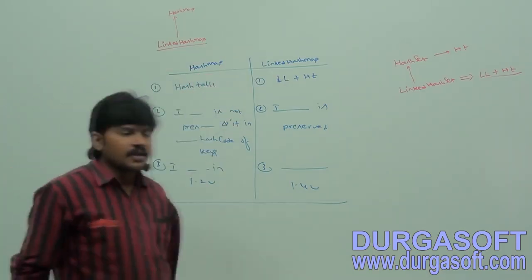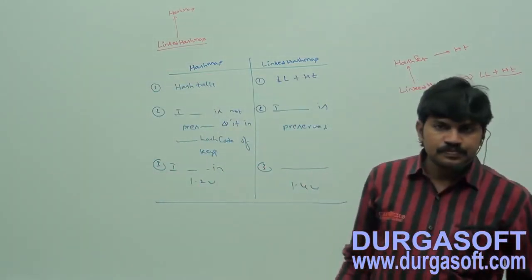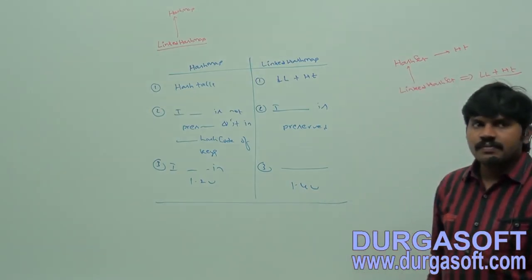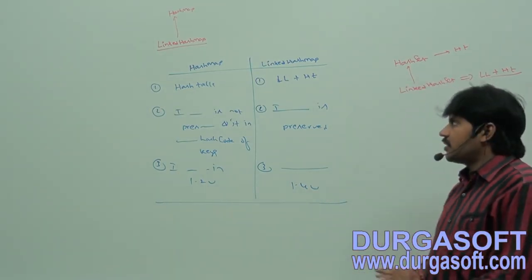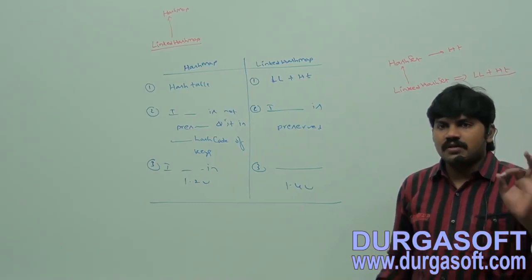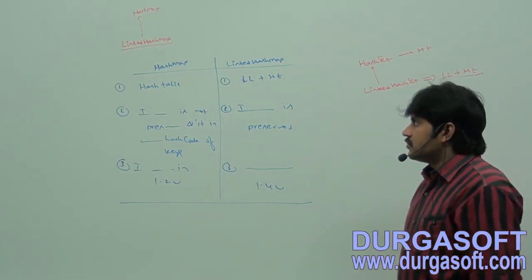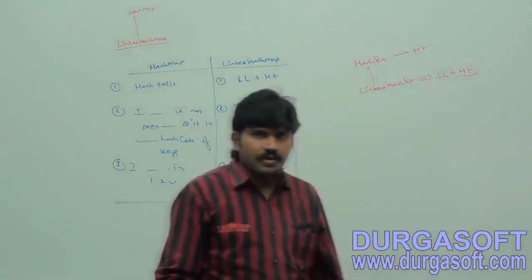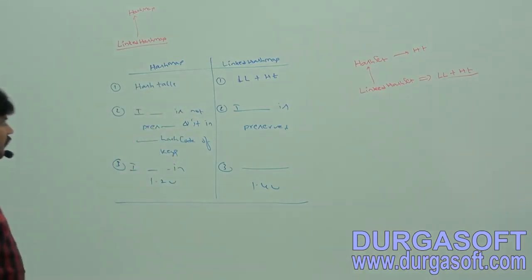First, add the points. Add linked hash map. It is the child class of hash map.